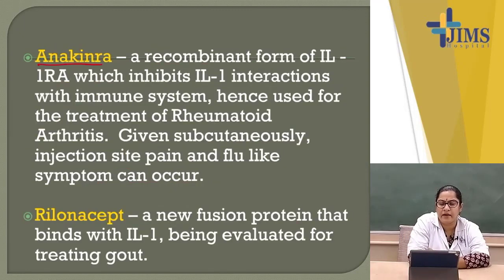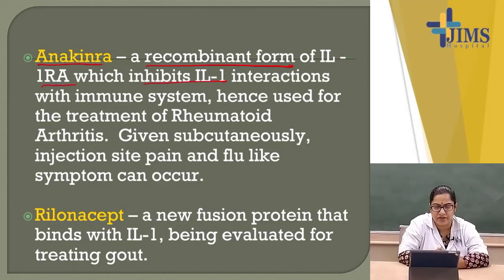Anakinra is a recombinant form of the interleukin-1 receptor antagonist, which inhibits interleukin-1 interactions with the immune system. Hence, it is used for the treatment of rheumatoid arthritis. It is given subcutaneously, so injection site pain and flu-like syndromes can occur. Rilonacept is a new fusion protein that binds interleukin-1, being evaluated for treating gout.